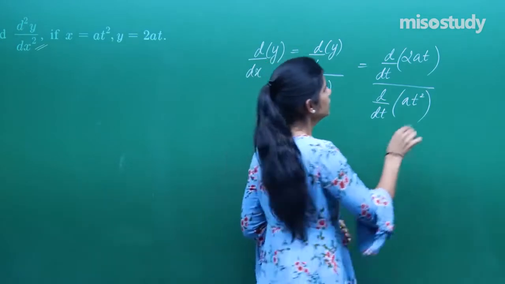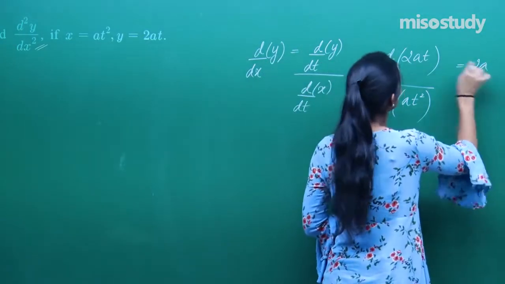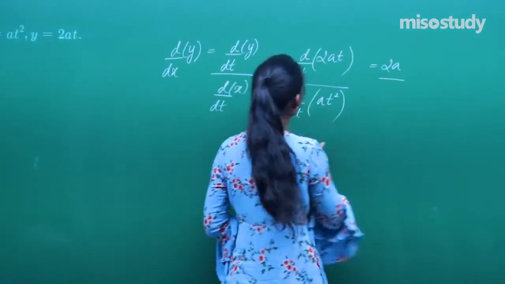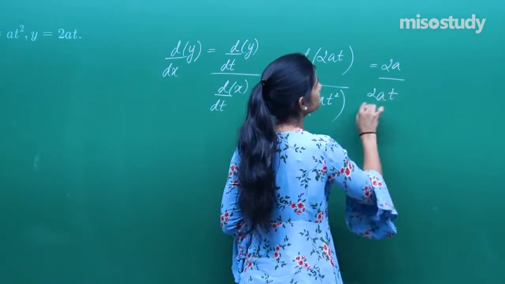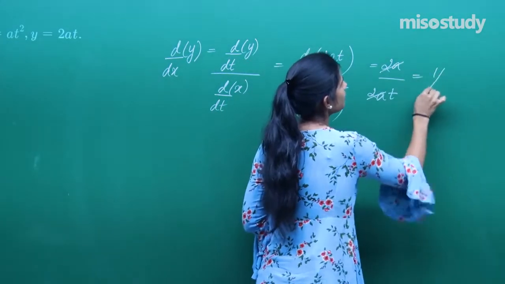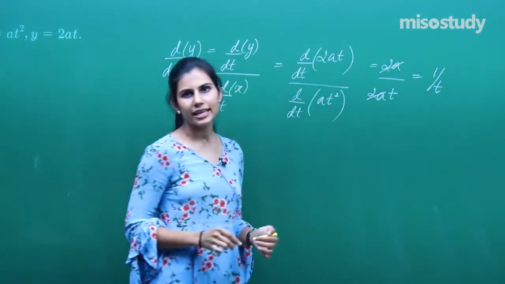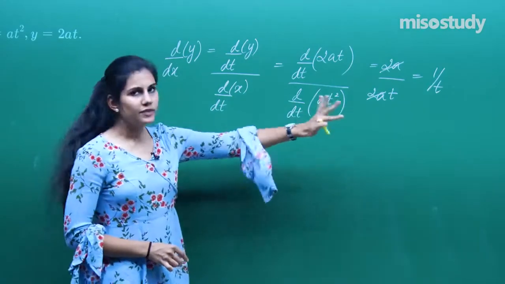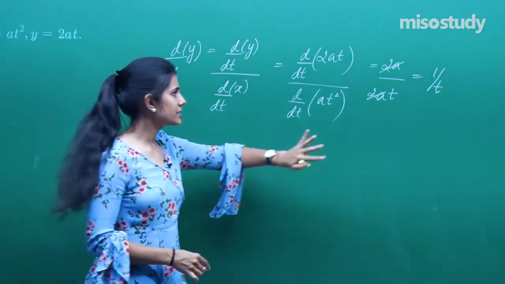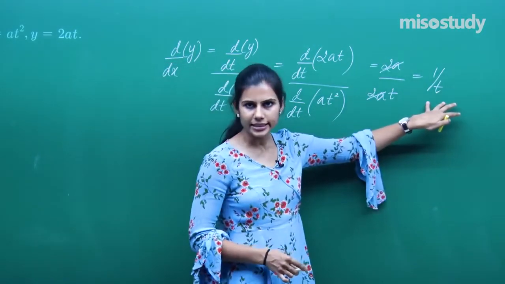Fine. 2a comes out, it's constant, d by dt of t is 1, upon a comes out, d by dt of t square is 2t. 2a cancels out, you're left with 1 by t. Obviously, I'm taking a as non-zero quantity. So, once you have differentiated y with respect to x, it's coming out to be 1 by t.